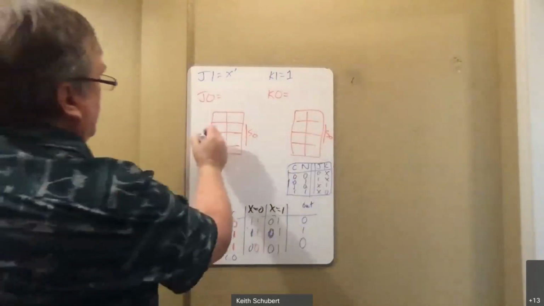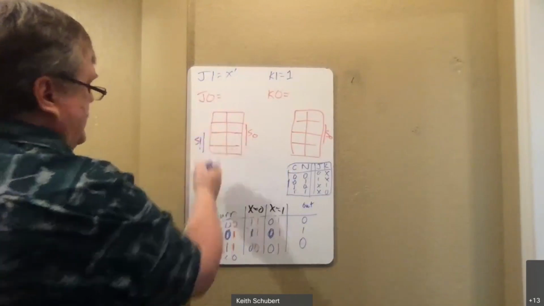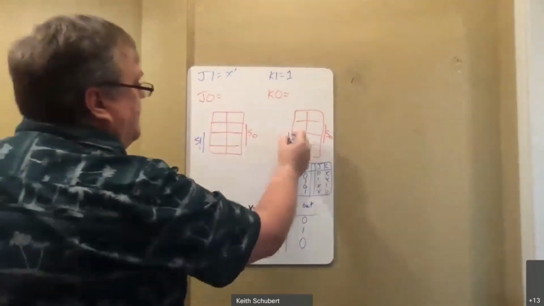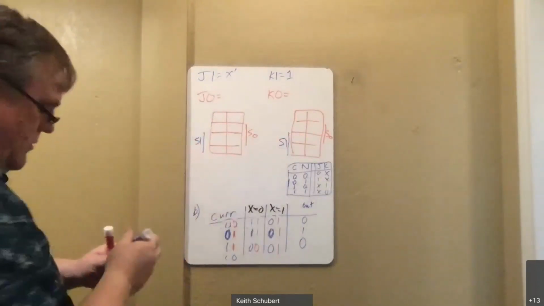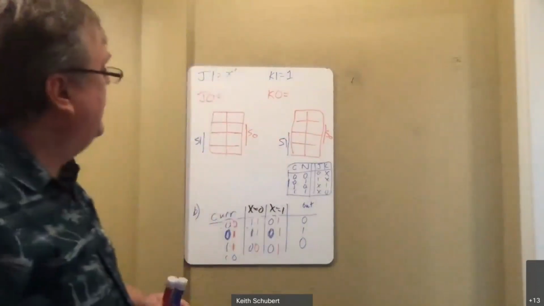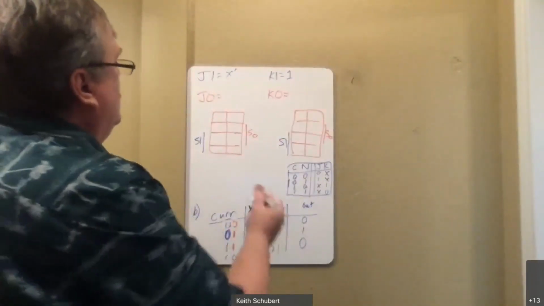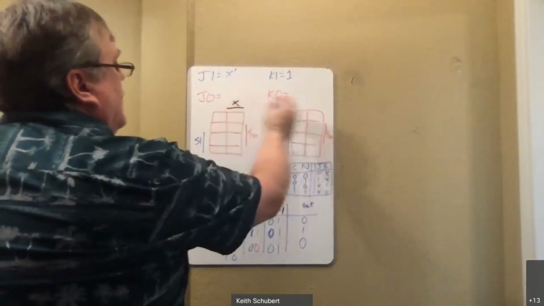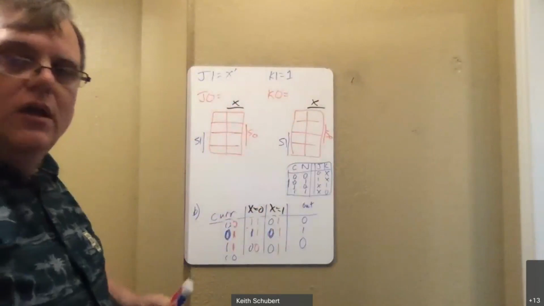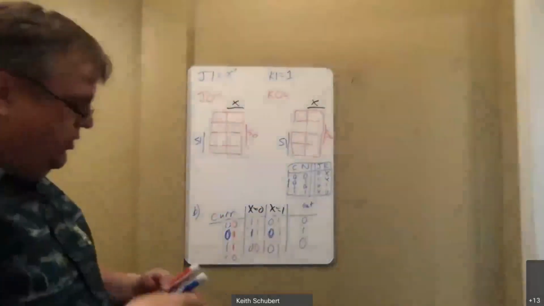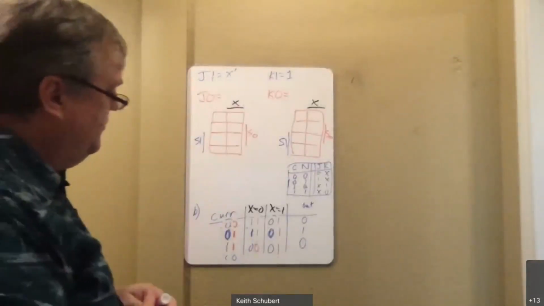State 1 is still the bottom. And X equals 1 is still the right-hand column. So I have now reproduced the exact same chart, except now I'm working with the red one.